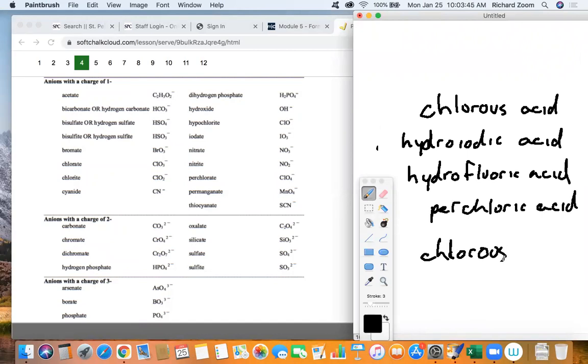I know this because there's no hydro in front. Chlorite is ClO2 minus, and we would need one H plus to balance that. So it'd become HClO2. Any questions?